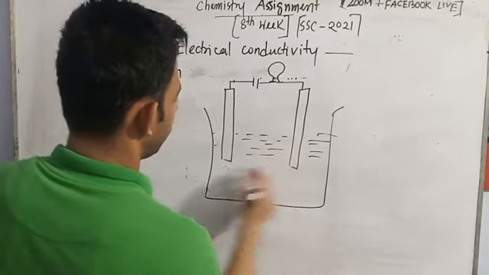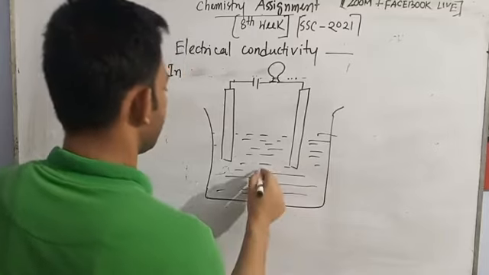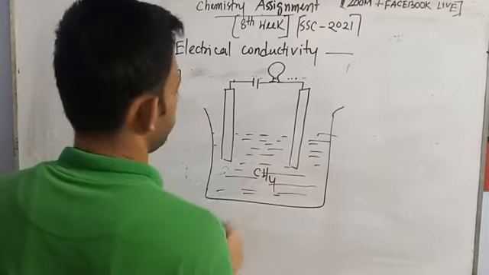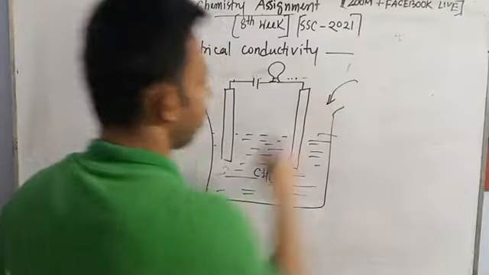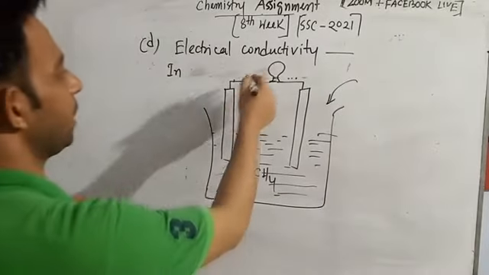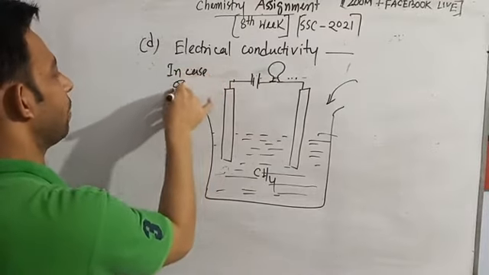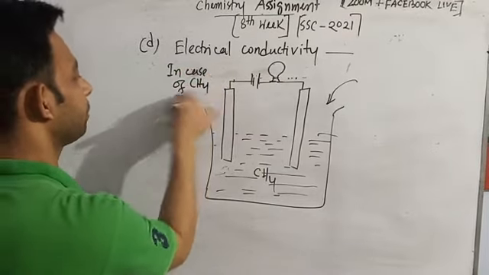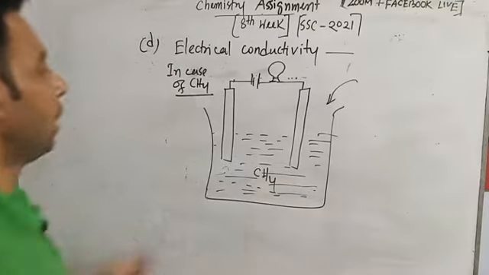Solution. Okay, I make sure that methane is a covalent compound. That means methane cannot produce ions. So how will you write it?